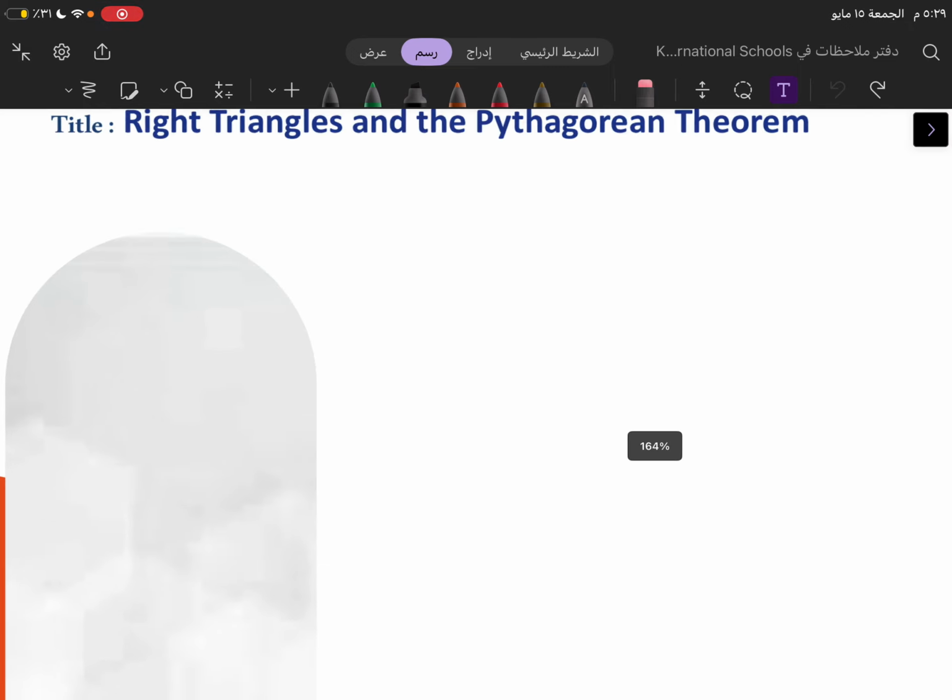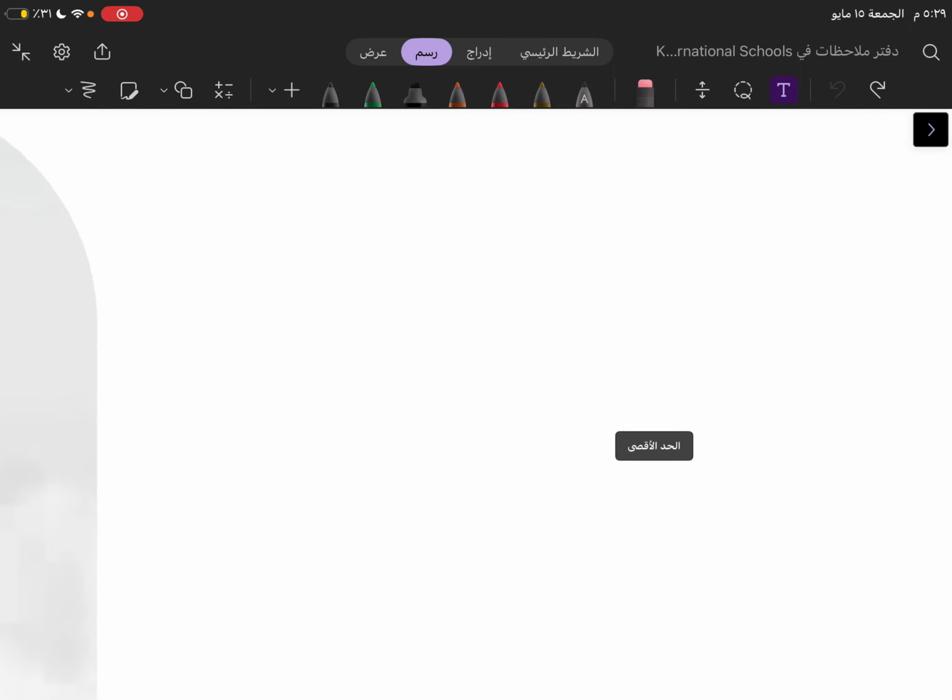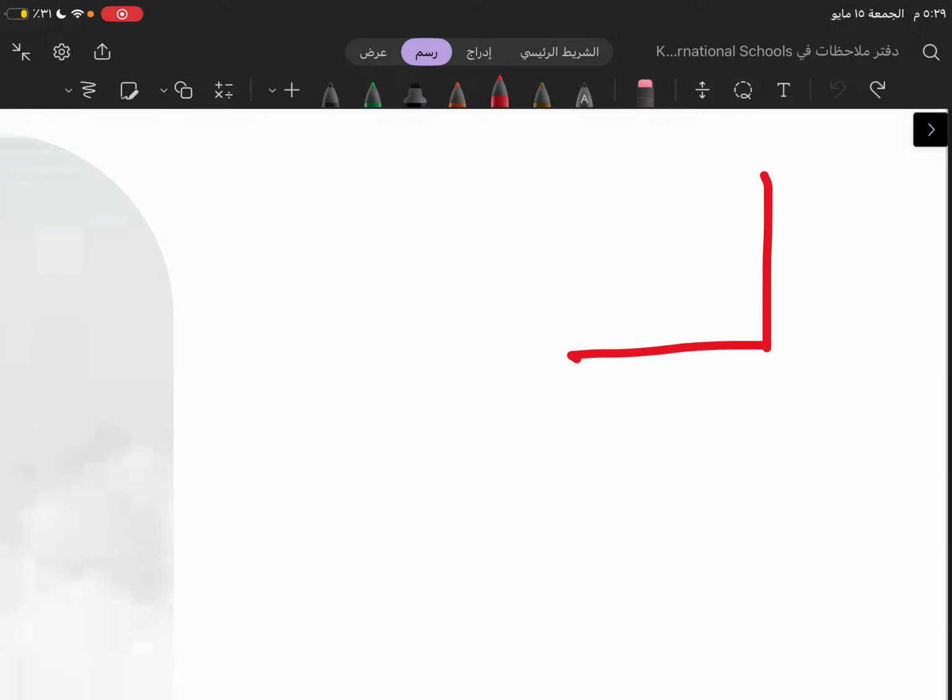And the first idea we will discuss here, my dear student: if I have a right angle triangle like this one, the first mission I need from you is to determine where the longest side is.